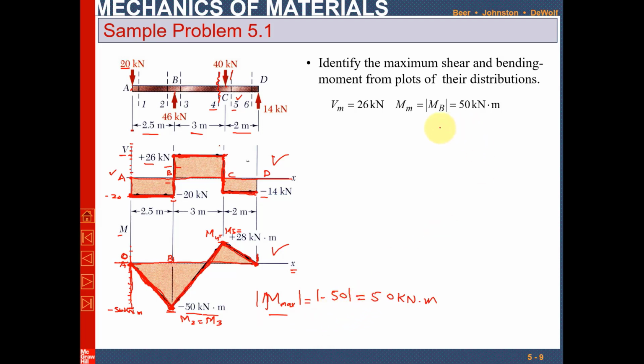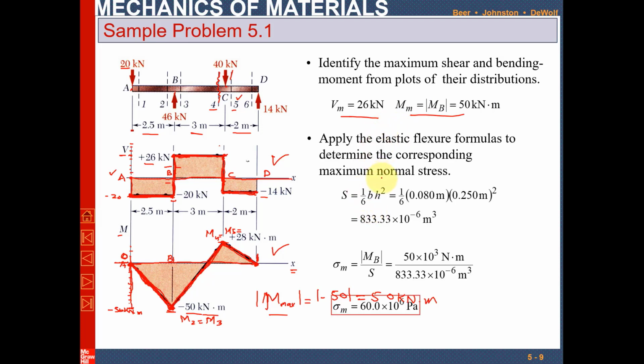Now you can see that maximum shear force is 26 kilonewton, and maximum bending moment is 50 kilonewton meter. So then you have to apply the formula sigma_m is equal to M_max divided by S. So what is S? For a rectangular beam, let's say this is B and this is height.